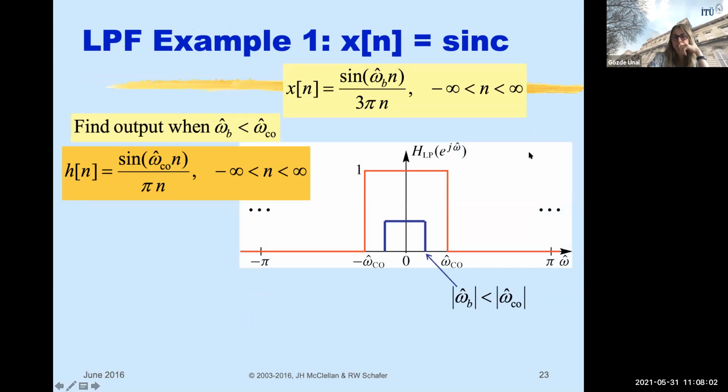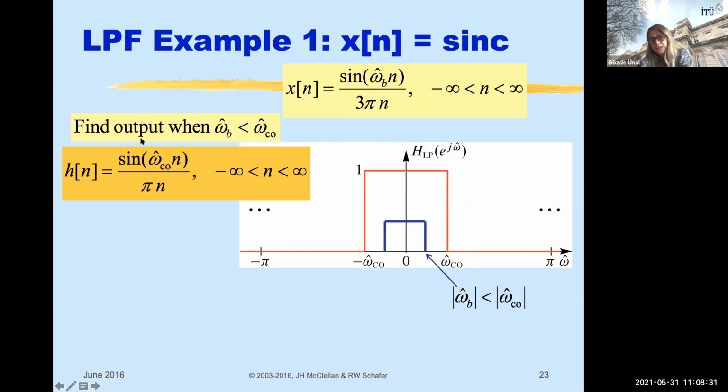All right. So, another low pass filter example. Again, we have a sinc filter, guys, and it's sinc in time domain, and we love it because it's the easiest ideal low pass filter in frequency domain. It's this rectangle, ideal. And the input signal was also a sinc.